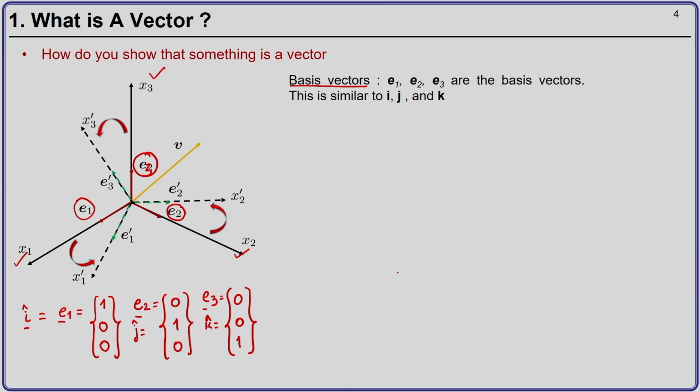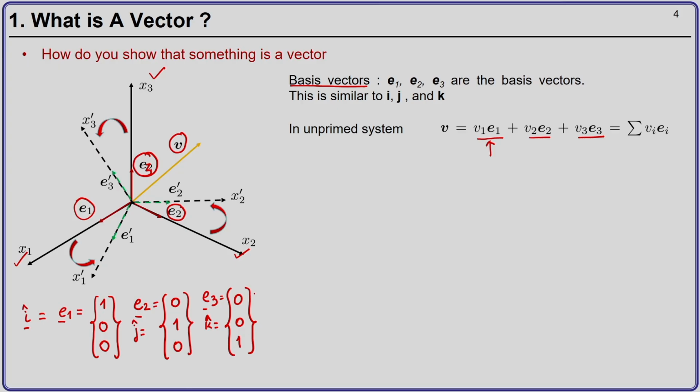Now, you have a vector v, represented here by the yellow arrow. You can write this vector v as v1 e1 plus v2 e2 plus v3 e3. Here v1 is the component of the vector v in the e1 direction, v2 is the component along the e2 direction, and v3 is the component along the e3 direction.